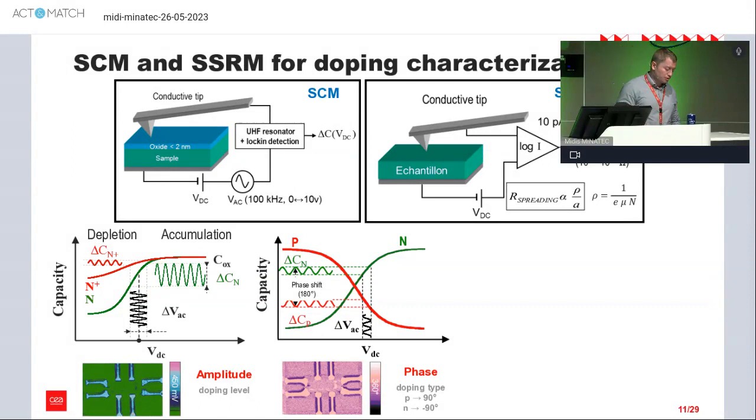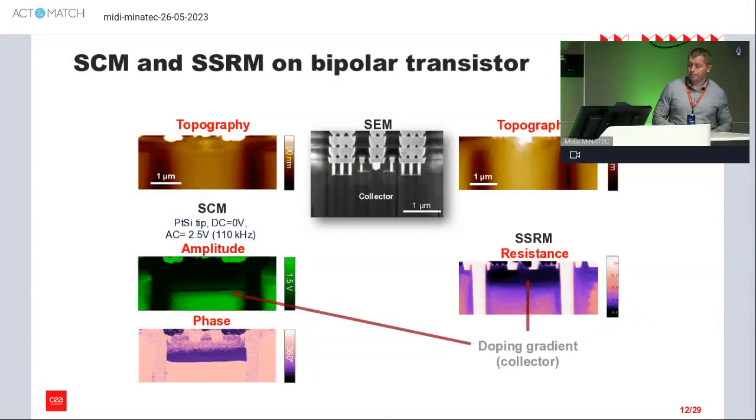So the first example of this comparative measurement by SSRM and SCM is on bipolar transistors. We have an SCM image in the middle. Together with electrical characterization, we of course can also have information about topography with both techniques, so SSRM and SCM. And we can see, for example, in the middle that we can have from SSRM measurements information about doping gradient.